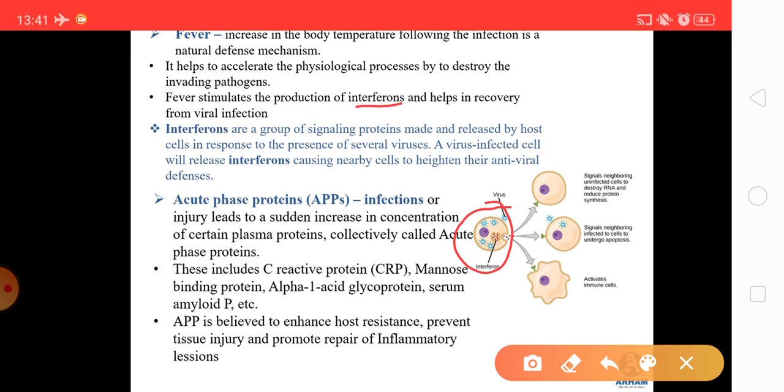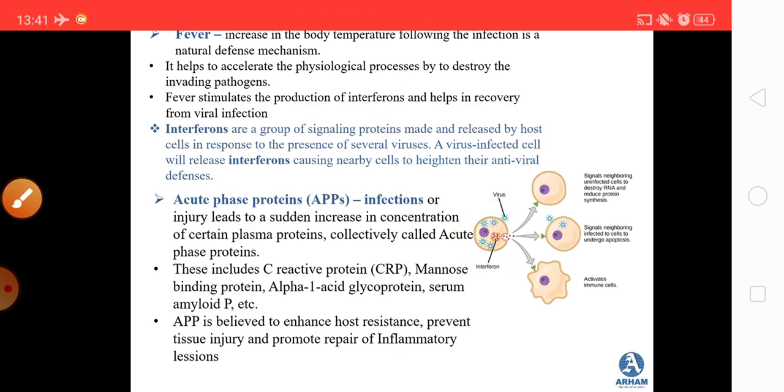Next, acute phase protein. This is the next barrier of innate immunity, abbreviated as APP. Infections or injuries lead to a sudden increase in the concentration of certain plasma proteins, which are collectively called acute phase proteins.